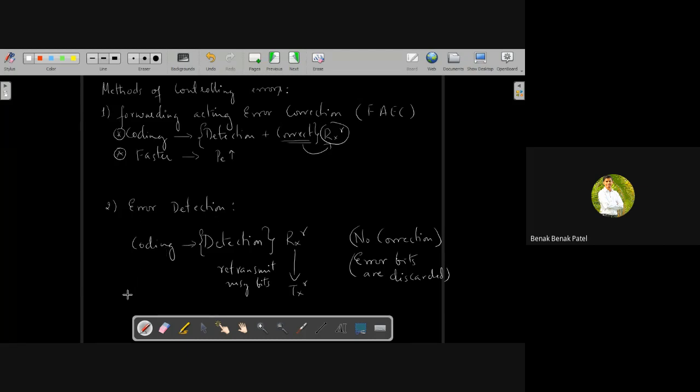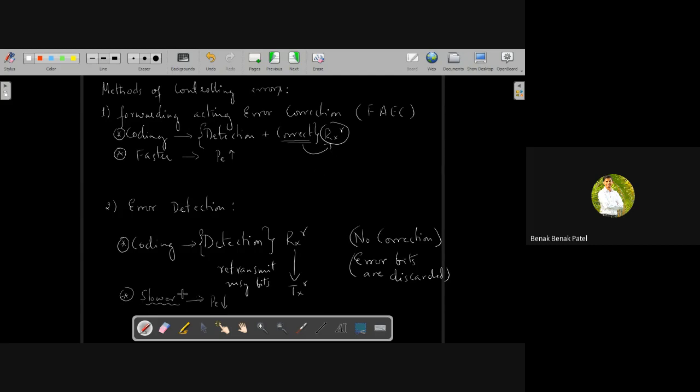But whereas this one is slower, the probability of error is lesser compared to the forward acting error correction method.